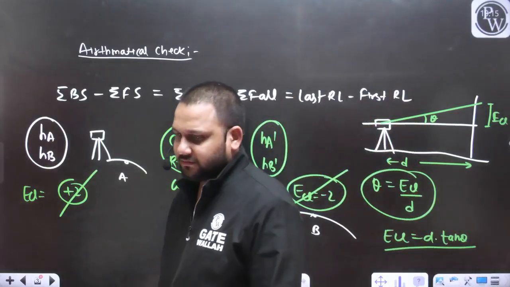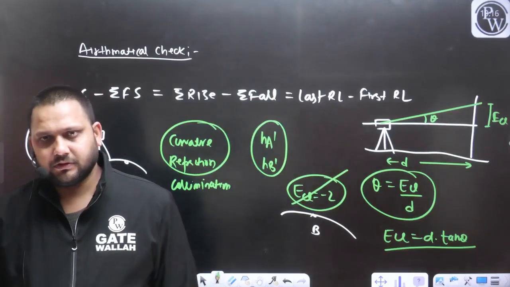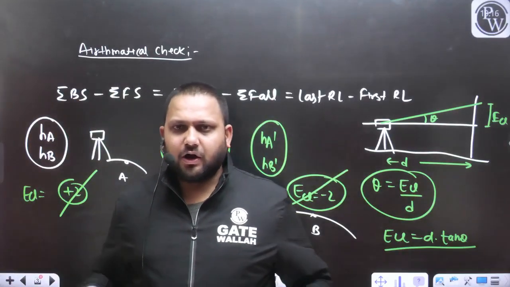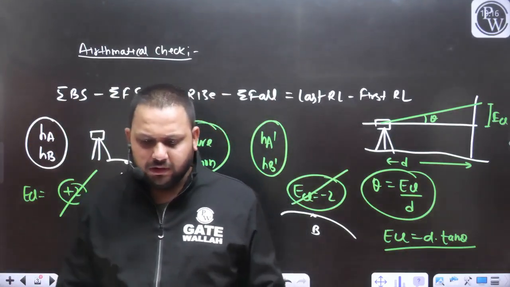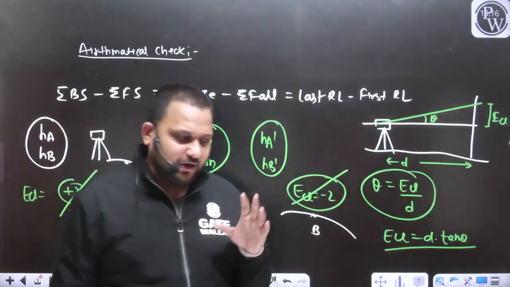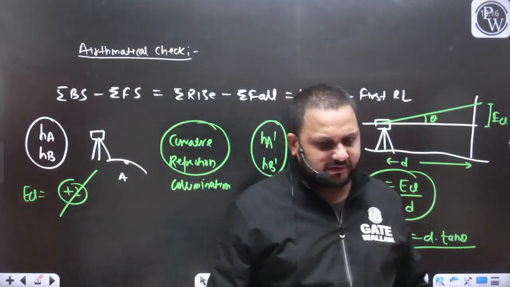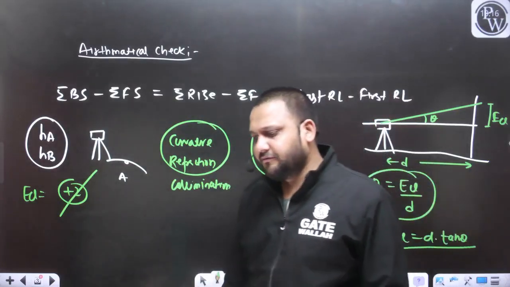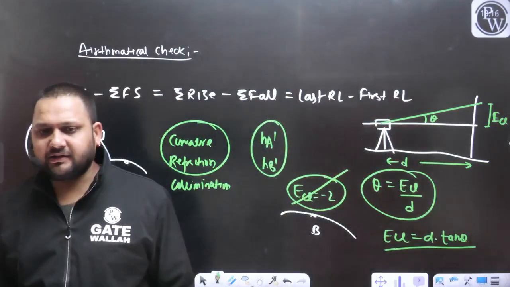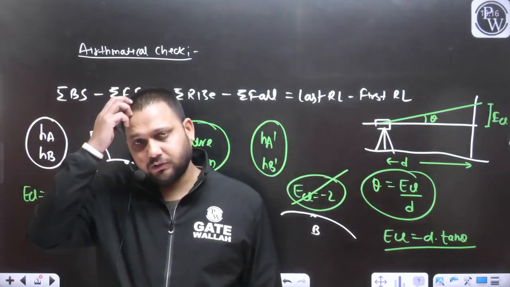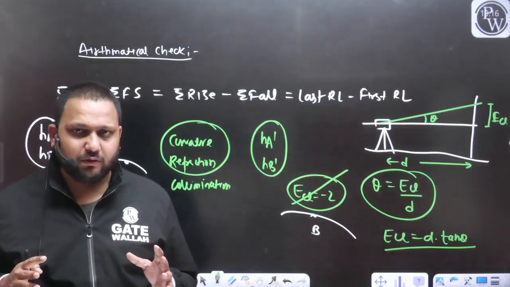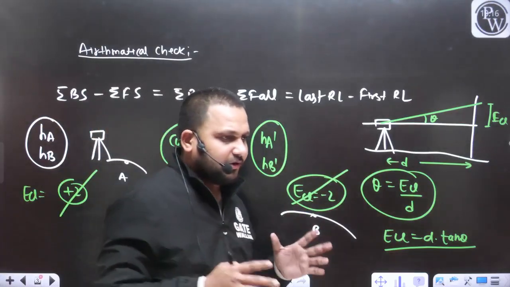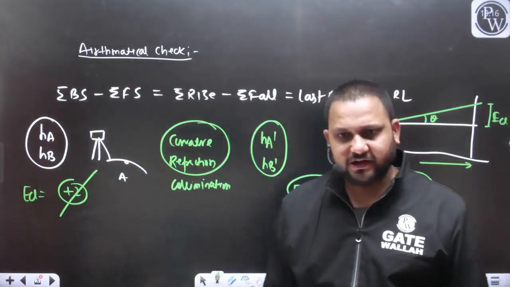So the topic is contour. Now let's understand all the basic discussion related to the contour, and we will also see how they are asking questions from this particular chapter in the different exams. So this is going to be the discussion for this class.